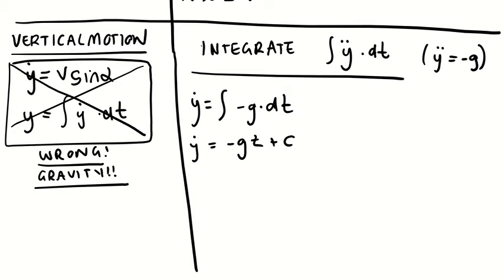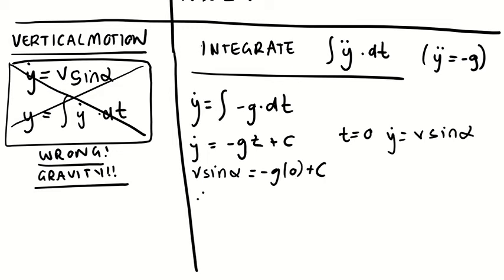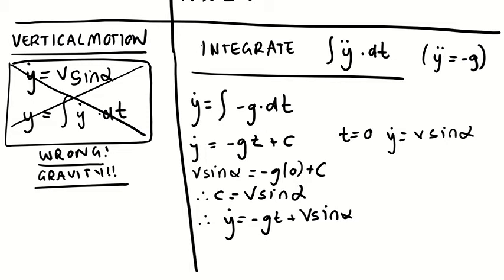Now, what are our initial conditions to find c? We know that at time 0, the initial velocity is v sine alpha, one of our assumed formulas. So subbing that in, we get v sine alpha is equal to minus g lots of 0 plus c. Therefore c is equal to v sine alpha. So y dot equals minus gt plus v sine alpha.